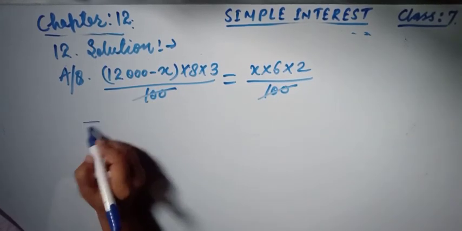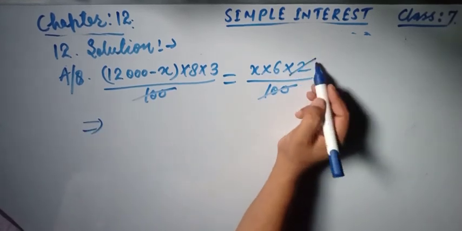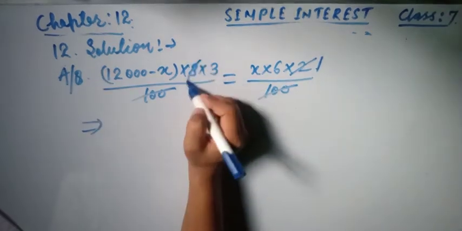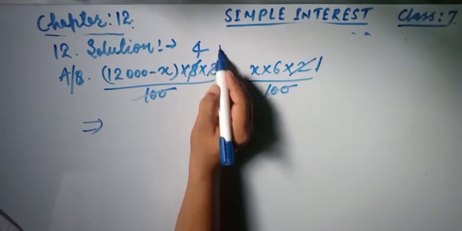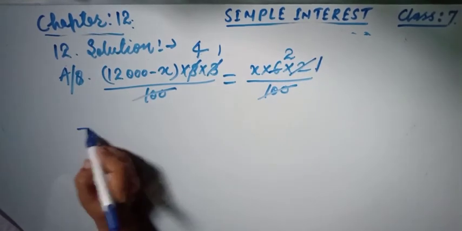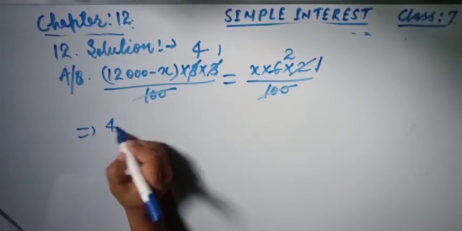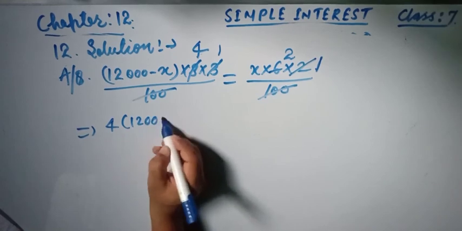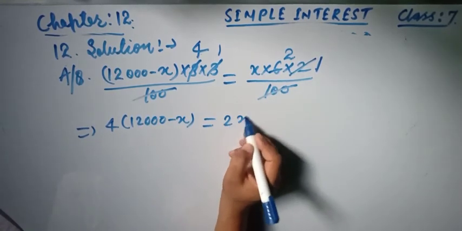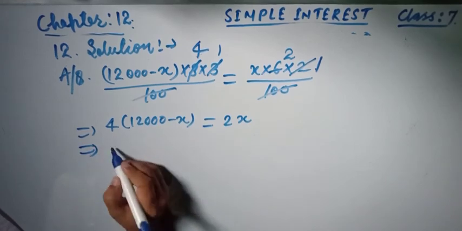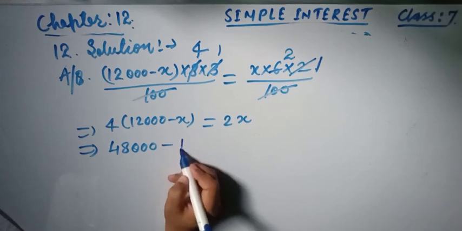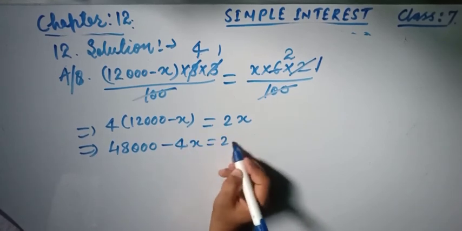Now see friends, 2 1 ja 2 and 2 4 ja, and 3 1 ja 3, 3 2 ja. Now the remaining parts: 4 multiplied by 12,000 minus X, and here this is only 2 into X. Now multiply: 12 4 ja 48, 3 times 0, minus 4X is equal to 2X.